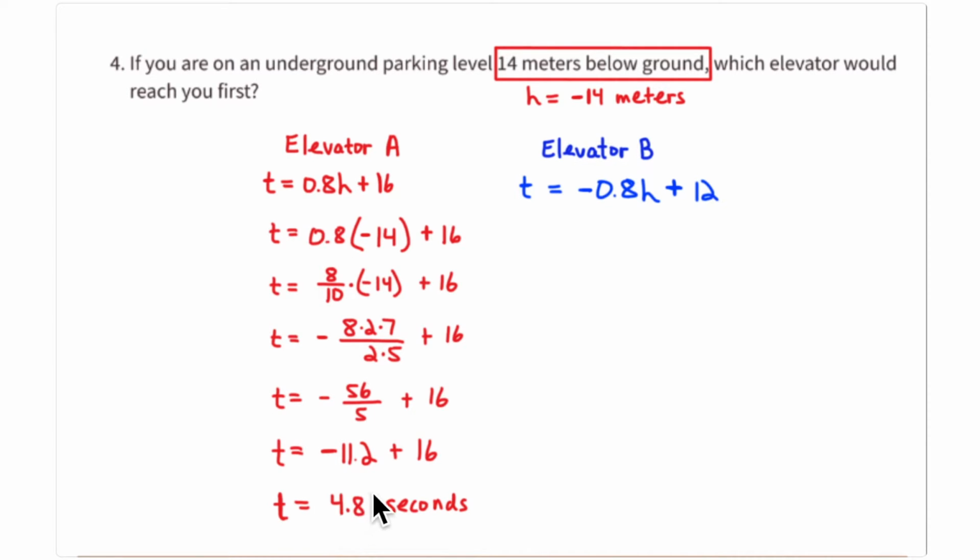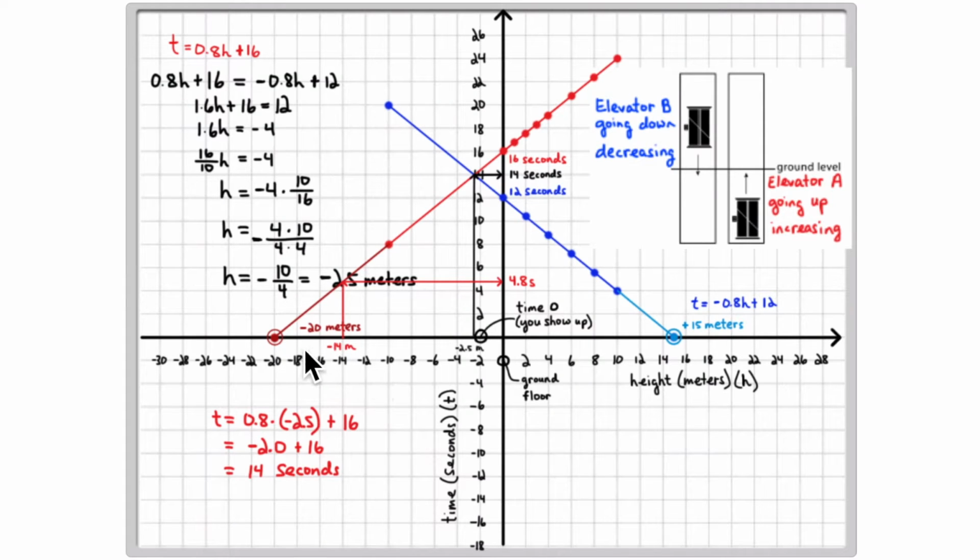Another way to look at this is, what is this negative 11 2/10 seconds right here? That's how long it takes either elevator to travel 14 meters. It takes 11 2/10 seconds to travel that 14 meters, but it's negative because you can look at this time from negative 20 meters to ground level, that's 16 seconds.